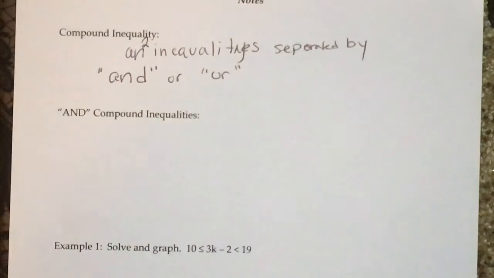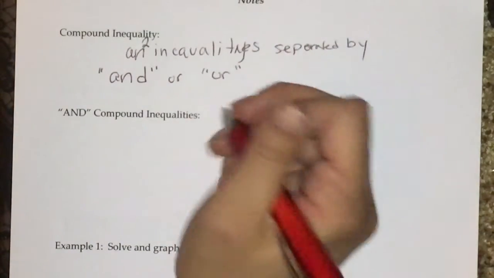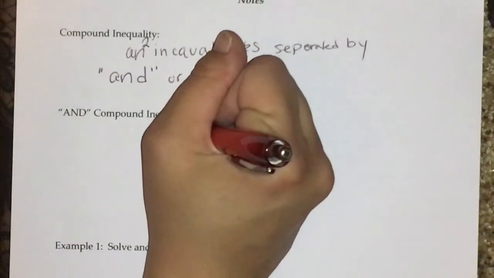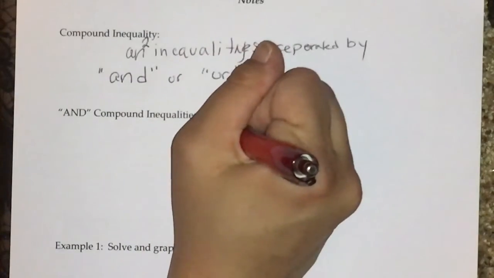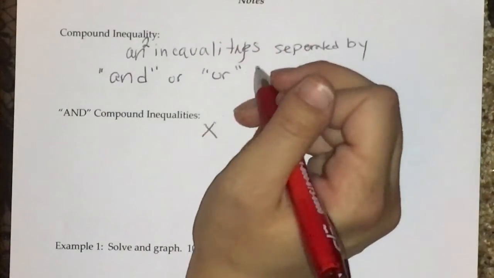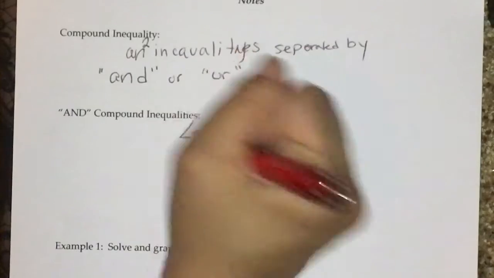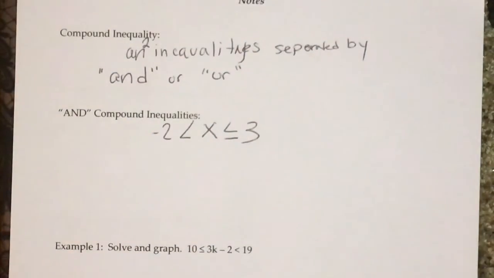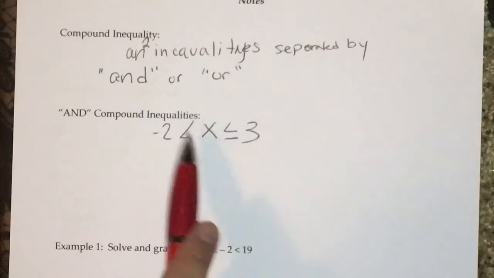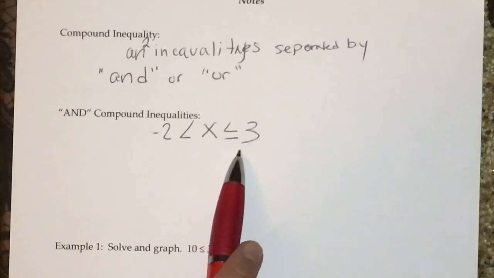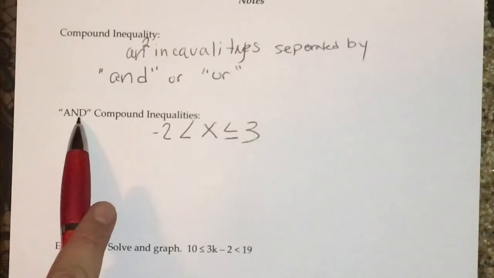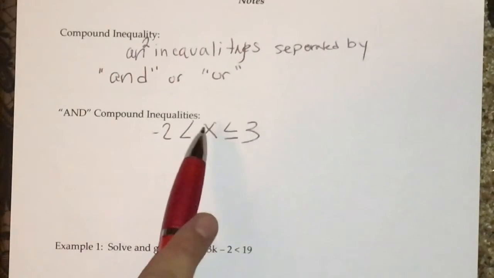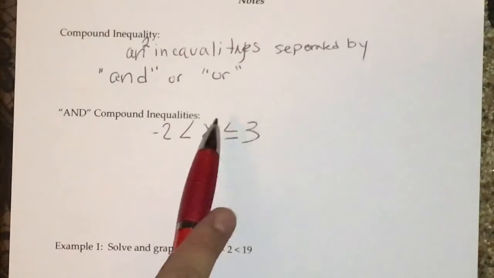And compound inequalities, basically, it would be like saying, let's go greater than -2, less than or equal to 3. Let's say we're working with this example. This is what your compound inequalities are going to look like when they are and, okay? You're going to read the variable first.